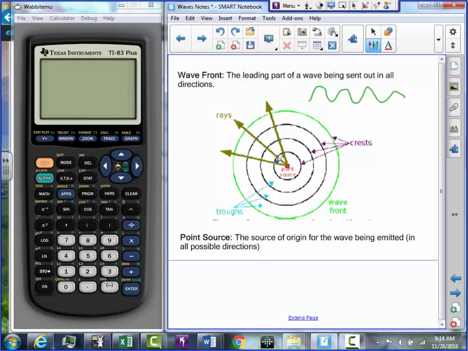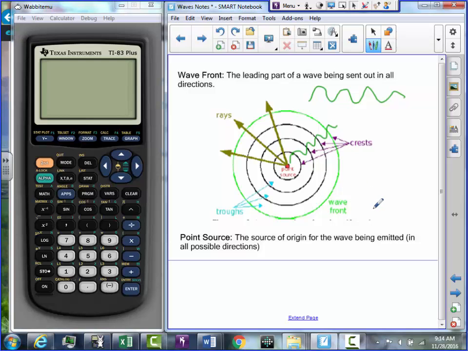So what ends up happening is all of these lines are intended to be the crests. If you can imagine this was a top-down view, and you could flip it and look at it from a side view, this right here is the top of a wave. The middle would be the bottom, that would be the new top of a wave. The bottom, the top of a wave, the bottom, the top of the wave, as it gets sent out in all directions.